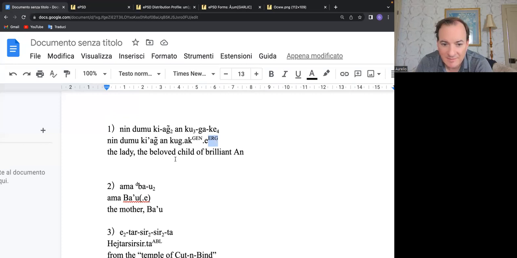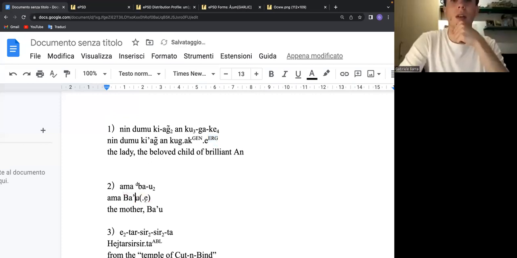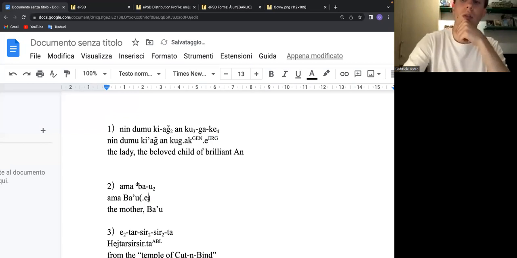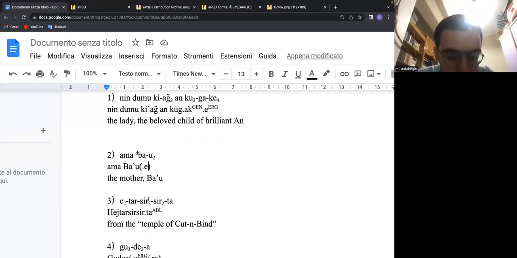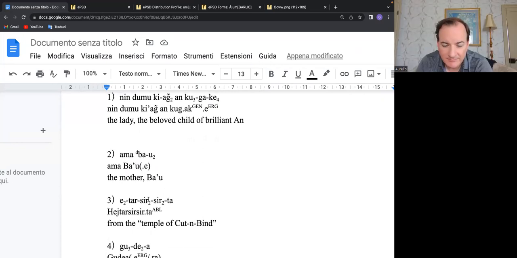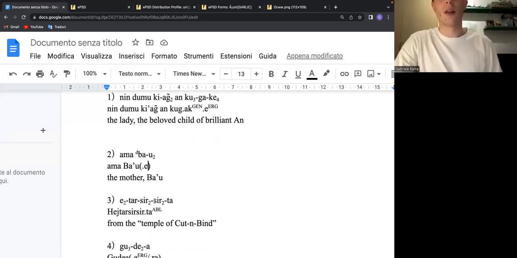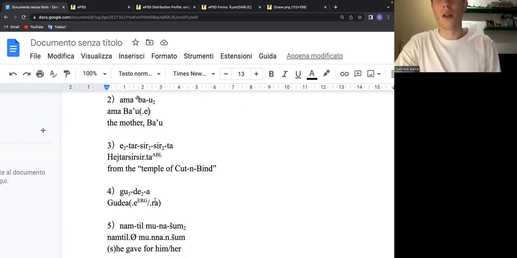Okay. So again, let us pretend that this is an ergative. We would have from the temple of Cottonbind, and then we have a Gudea, right?